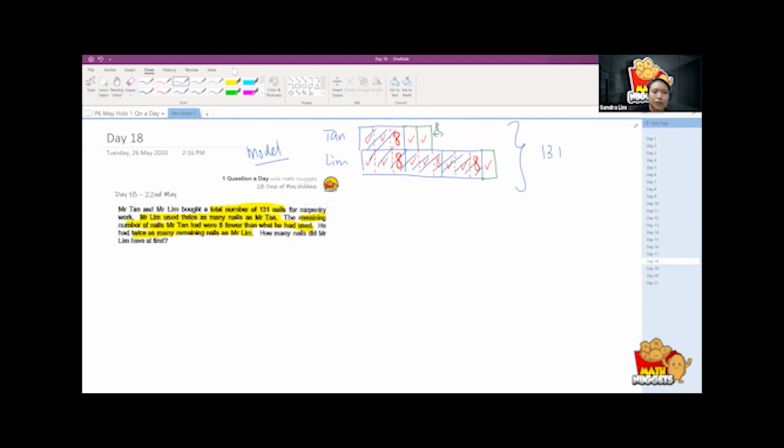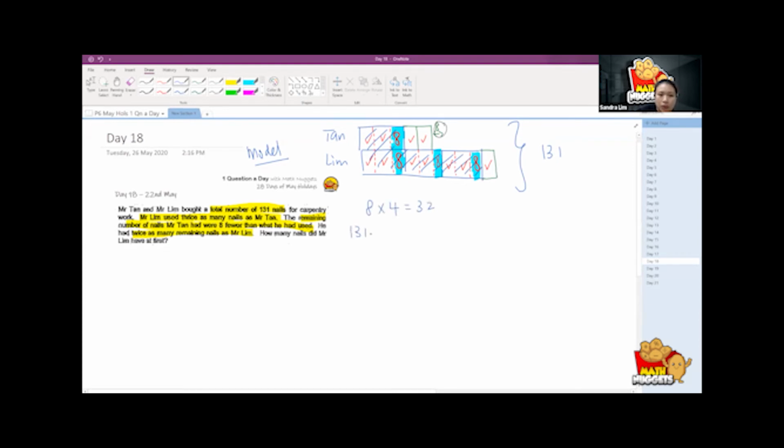So what's the thing we need to do? We know the 8s, right? How many 8s are there? 1, 2, 3, 4 8s. This 8 doesn't count, this 8 outside, that's the space only. So we're going to take away all the extra parts. 8 times 4, 32.